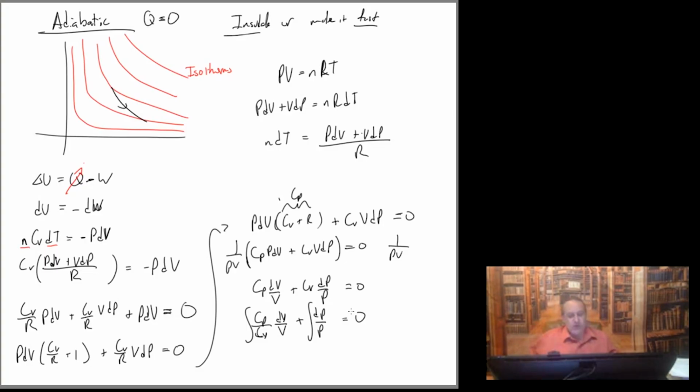When we do the integral, we're going to get an arbitrary constant out.